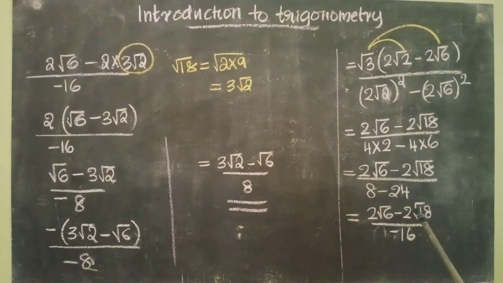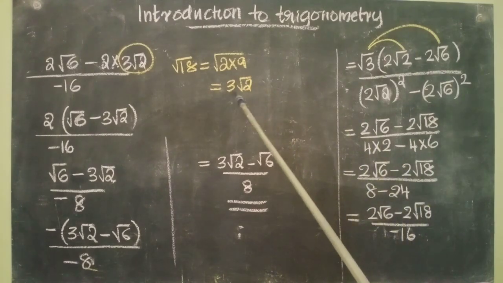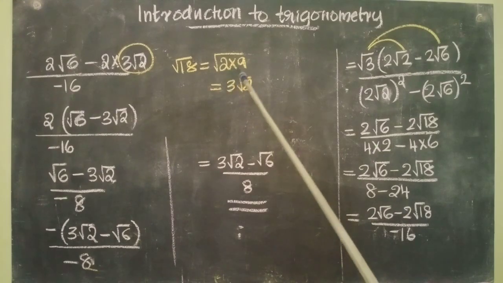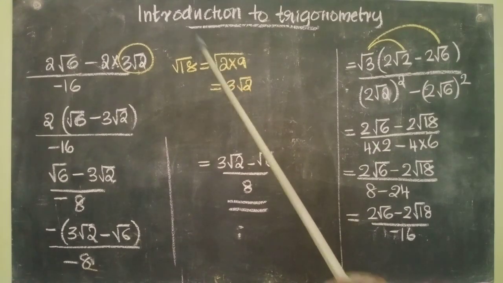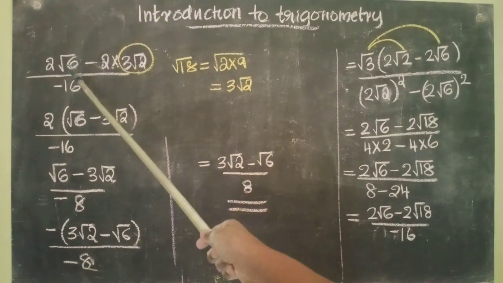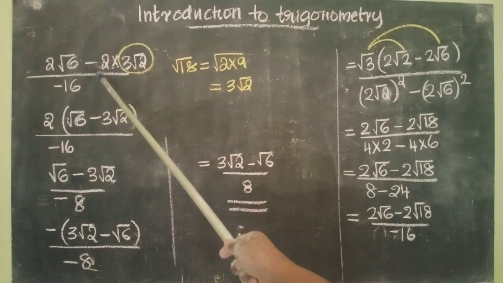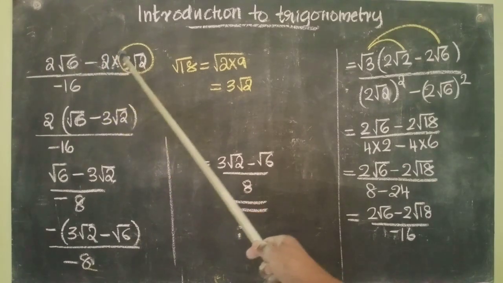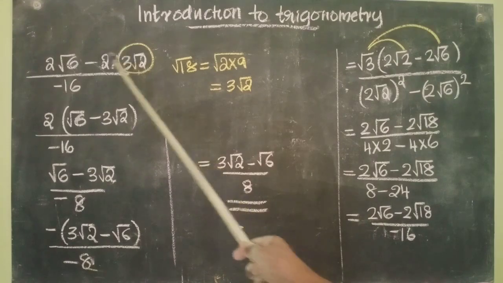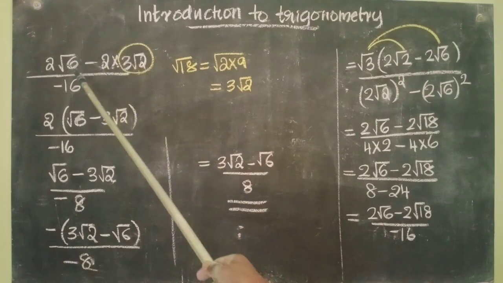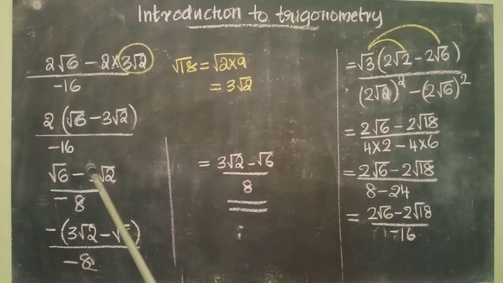So this root 18 we are going to replace by 3 root 2. So we get (2 root 6 minus 2 into 3 root 2) whole divided by minus 16.